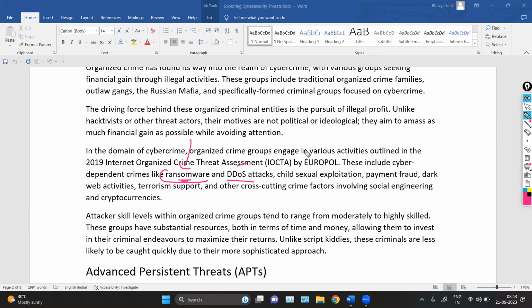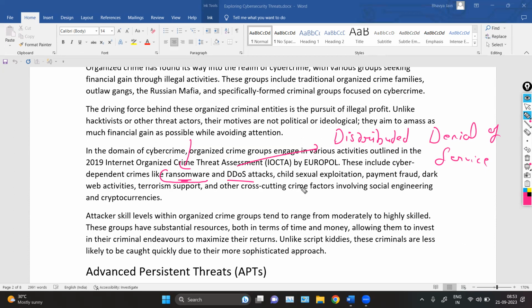DDoS attack stands for distributed denial of service attack. Here a large group of people send lots of requests to a particular server to damage it.